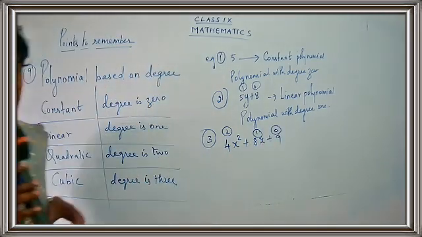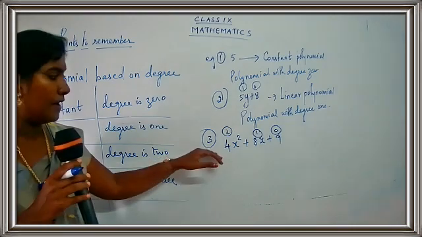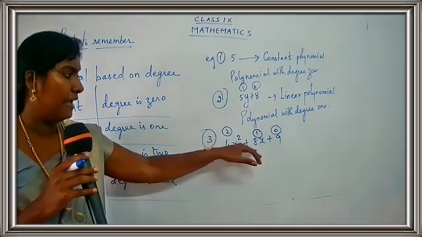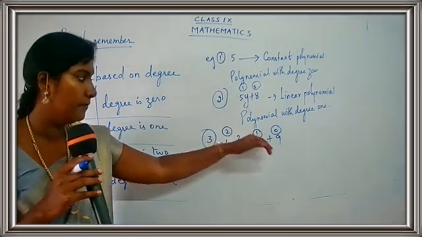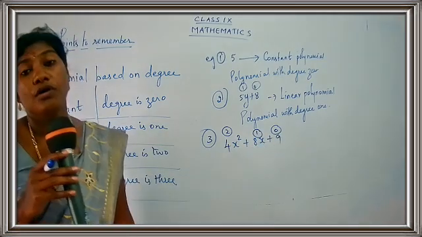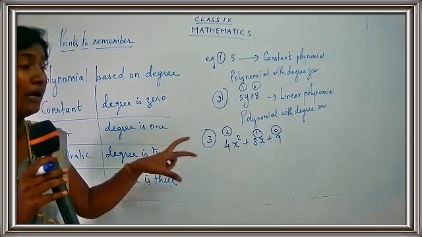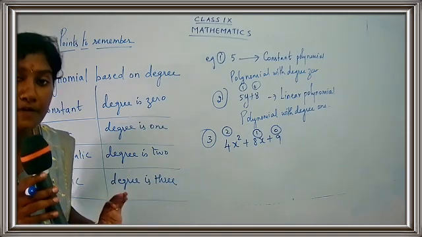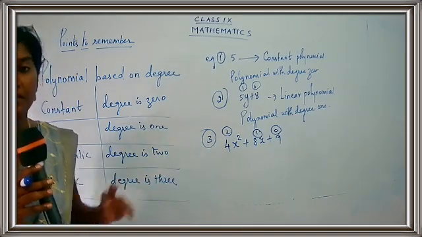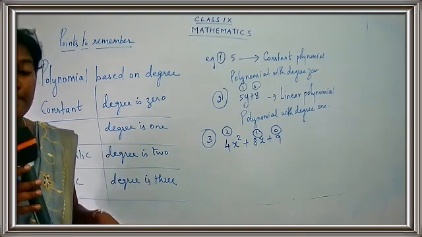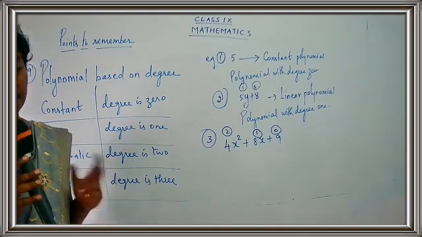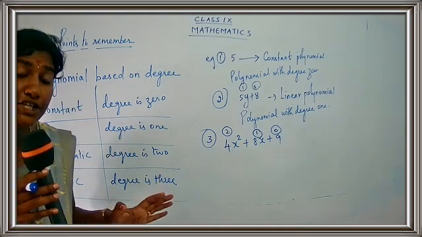So what are the powers I have found here? We have power 2 for the first term, power 1 for the second term, and power 0 for the last term. Now what are you going to do? You are just going to compare. Which is the highest power here? Surely 2 is the highest power. The highest power is called the degree. What is the degree definition?